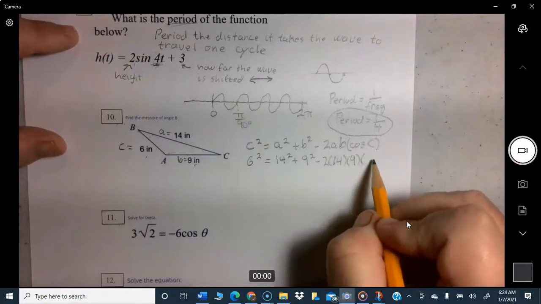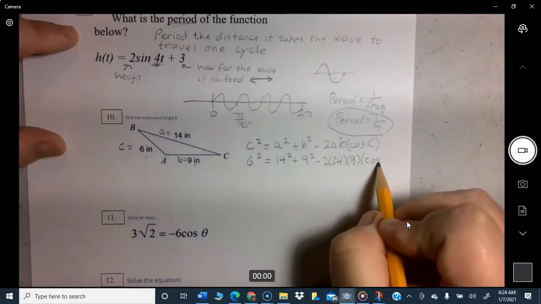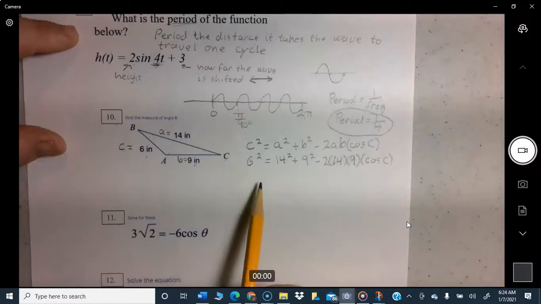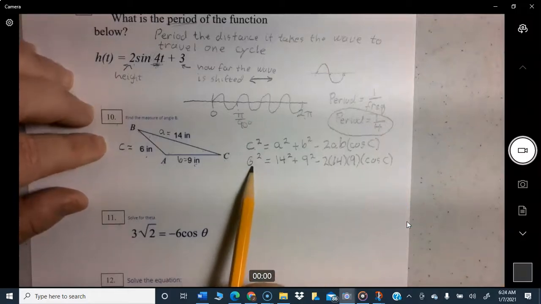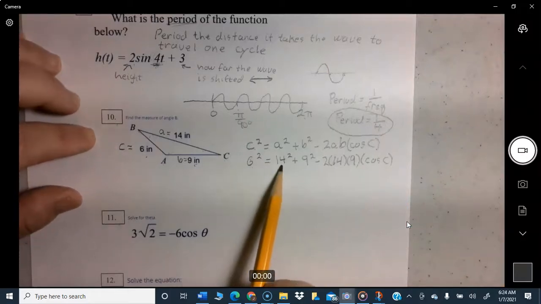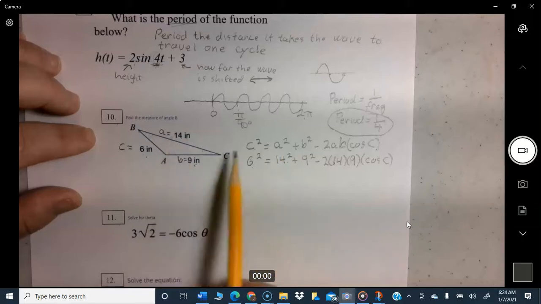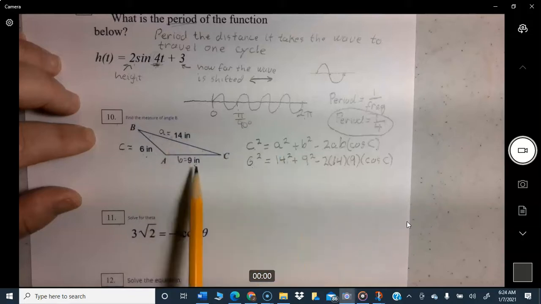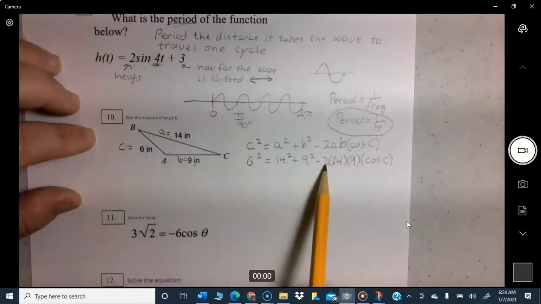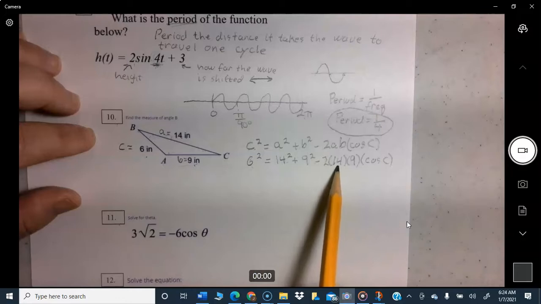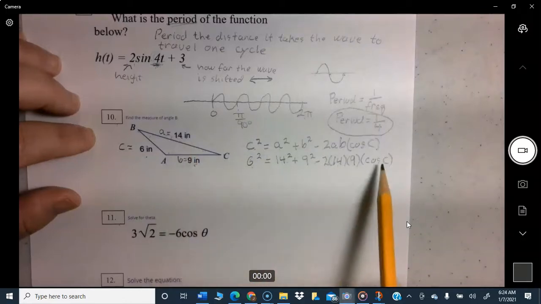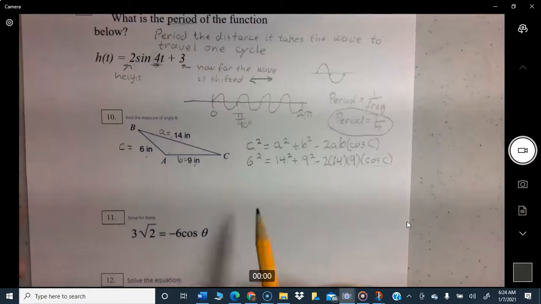Okay, and then the unknown is cosine of C. So let's do that again. C squared is 6 squared, plus 14 squared, that's A squared, plus 9 squared, that's B squared, minus 2 times A, which is 14, times B, which is 9, times cosine C. So let's simplify this.